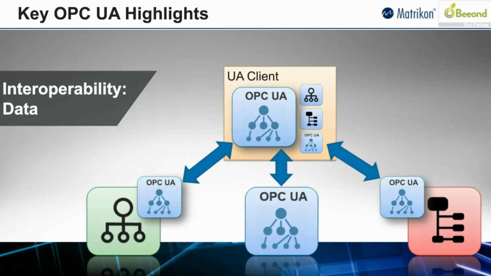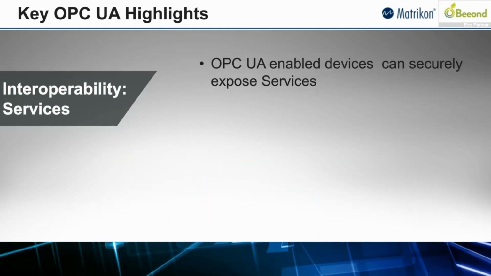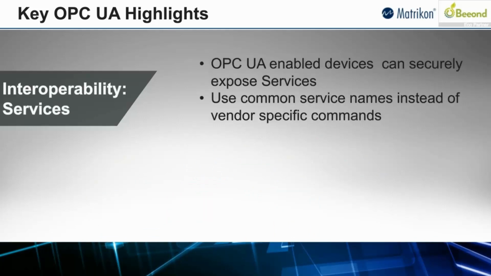So the second part of this, which becomes really important in the IIoT and Industry 4.0 era, is that with this massive amount of information and all these models floating around, one of the key things is what you want to do with that information and how you want to put it to use. When you have a device, instead of just working with the information model as a data structure, you want to work with that device or product as the agent or actor that it is in whatever you're doing.